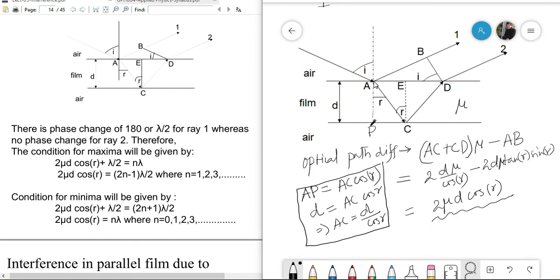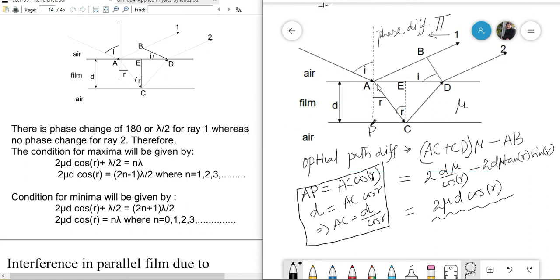Then there would be a phase difference between the incident ray and the reflected ray, and that phase difference is pi. So here ray 1 has a phase difference of pi with respect to the incident ray.